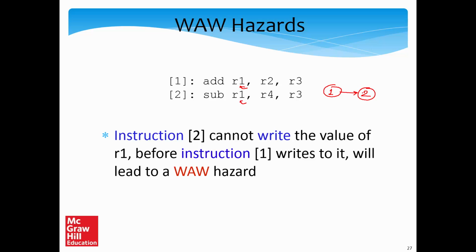This will always happen in our case because we do not allow instructions to overtake each other. But in a pipeline which allows instructions to overtake each other, this problem can happen, but we need not be concerned about that. Nevertheless, what readers, listeners should know is that we can have a hazard of this type, which is a write after write hazard, where if we allow instructions to overtake each other, then erroneous execution is possible.